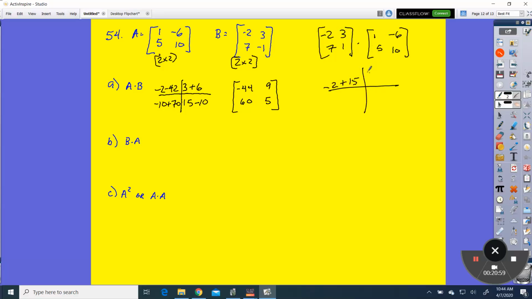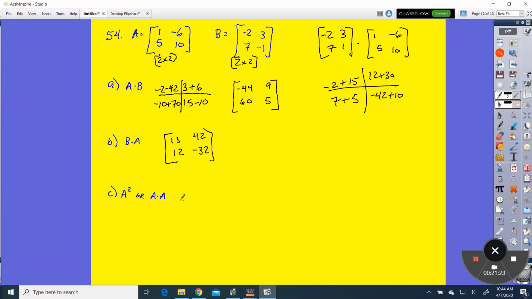Negative 2 times negative 6 is 12. 3 times 10 is 30. 7 times 1 is 7. 1 times 5 is 5. 7 times negative 6 is negative 42. 1 times 10 is 10. So now I combine those. I get 13, 12, 42, and negative 32.